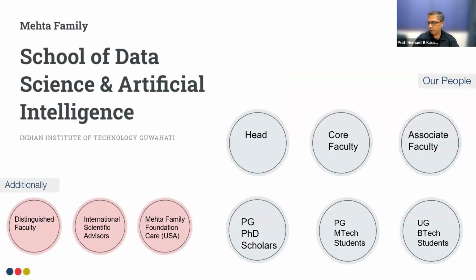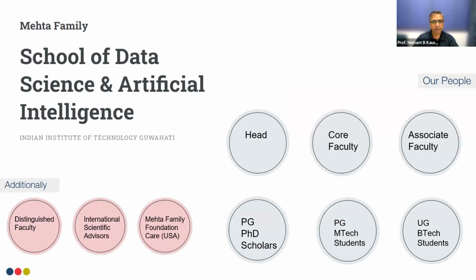So this degree is being offered by our Mehta Family School of Data Science and Artificial Intelligence at IIT Guwahati. This school is also offering a very similar on-campus degree, that is a BTech in Data Science and Artificial Intelligence. This is the third batch that is studying currently in IIT Guwahati.